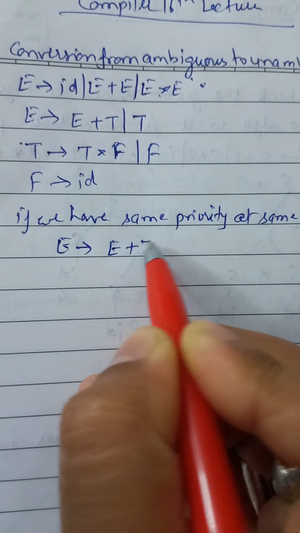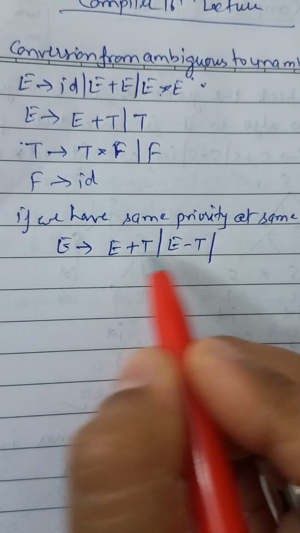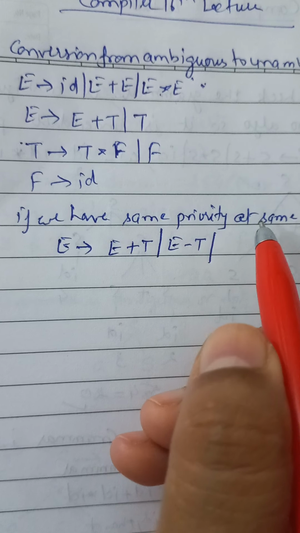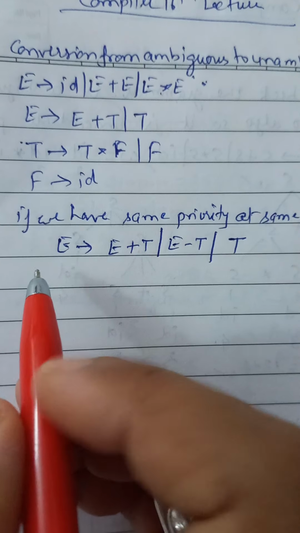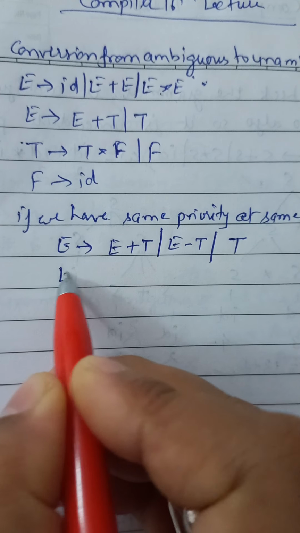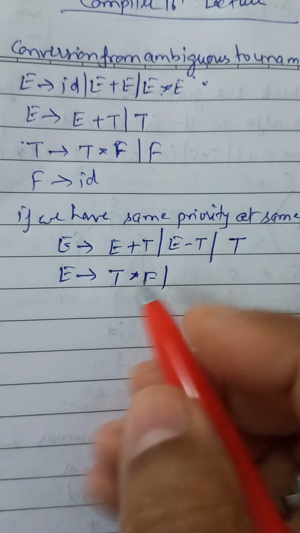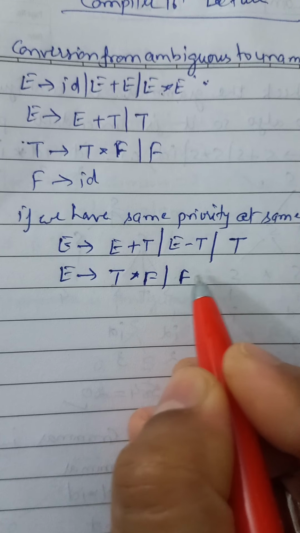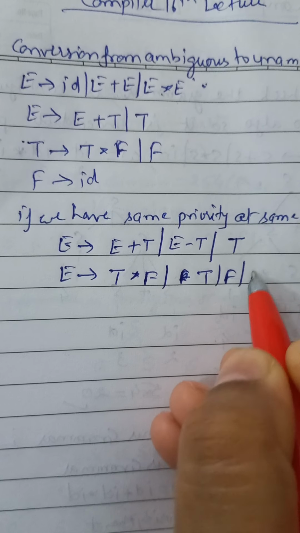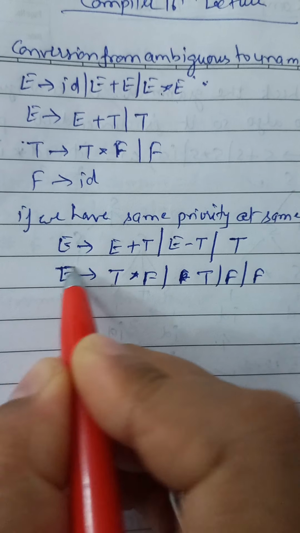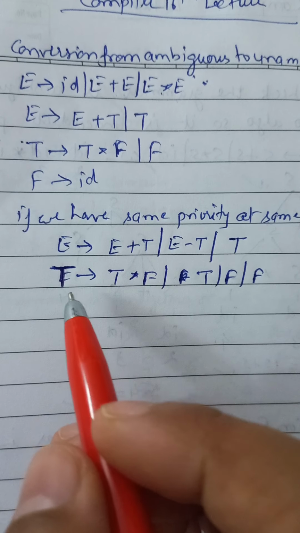We will write E plus T oblique E minus T, both on the same level. If we have the same priority, then we will put both on the same level, oblique T. And in a similar way, E tends to T star F or T oblique F. Sorry, here T is not there, E. Instead of T, T will be here.